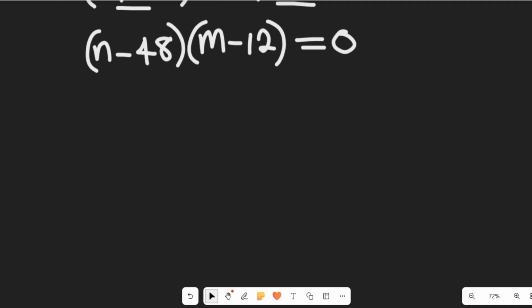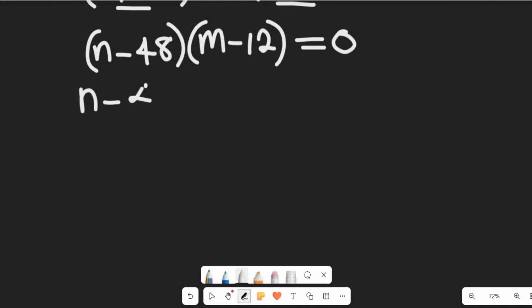So what we need to do is make sure we find all the values of n that are odd numbers. That means the value that n minus 48 will give us must be an odd number. So from here, we look for all the factors of 576 that are odd numbers. That is what we will find out.